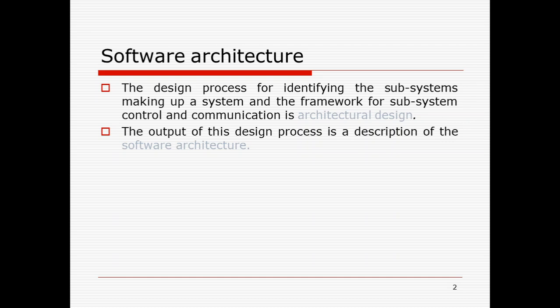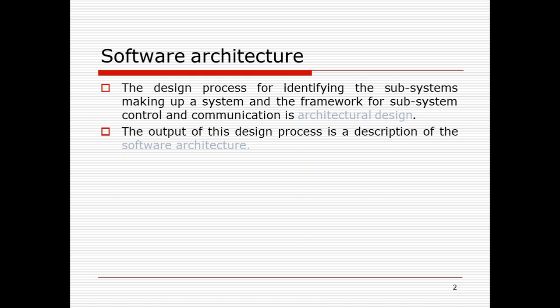When we initiate this process of architectural design, the output that we get is nothing but an architectural model. And what is that architectural model? It identifies the components and the set of communications that those components do.